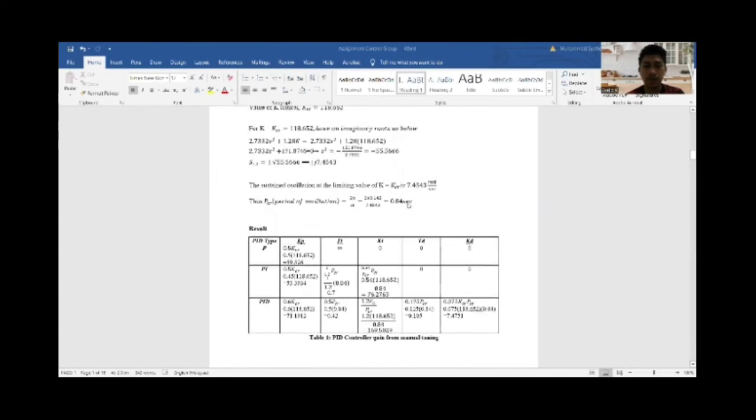After we find the value, we can get the KP for the P type, the KP, TI and KI for the PI controller type, and the KP, TI, KI, TD and KD for the PID controller type.